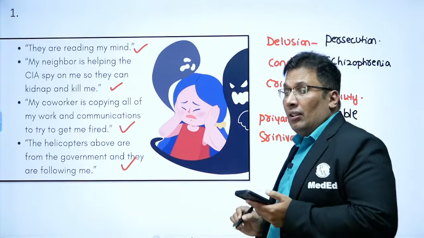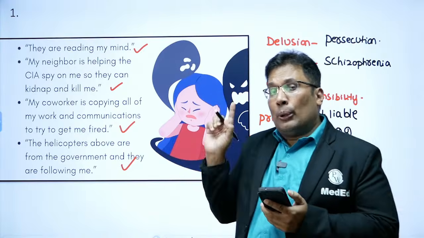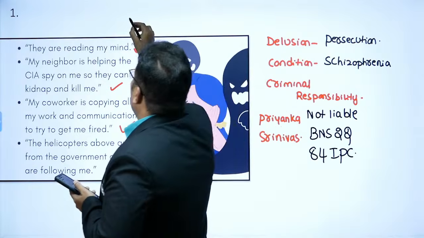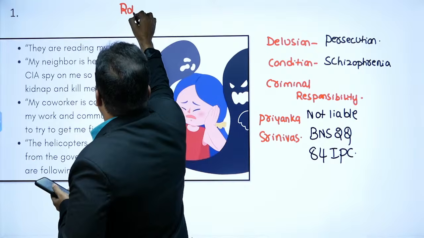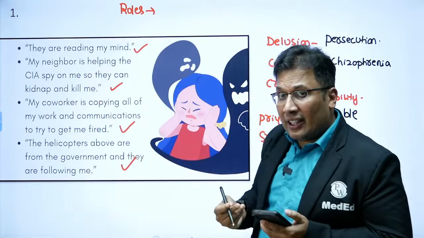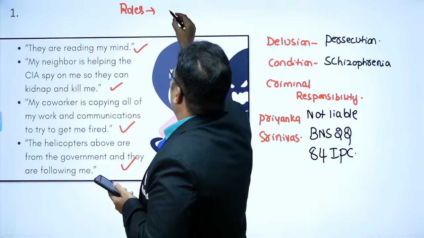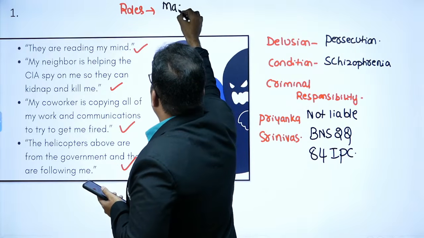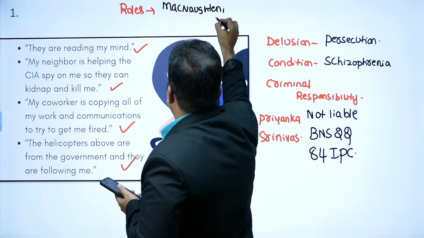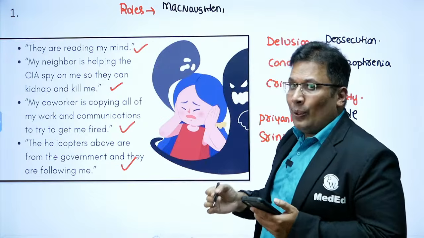And here, one more very important question commonly asked in exams: what are the rules of insanity? There are some 4 or 5 rules. The first one is the McNaughten's rule. The second one is Currens rule.